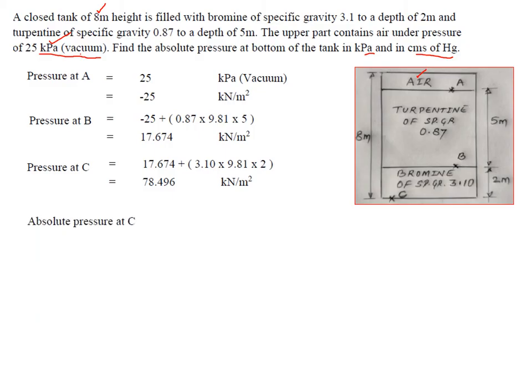The gauge pressure at C is 78.496, but atmospheric pressure is 101.3 kilonewton per meter square. So 101.3 plus 78.5 will give 179.8 kilonewton per meter square as the absolute pressure at C, which is also kilopascal.